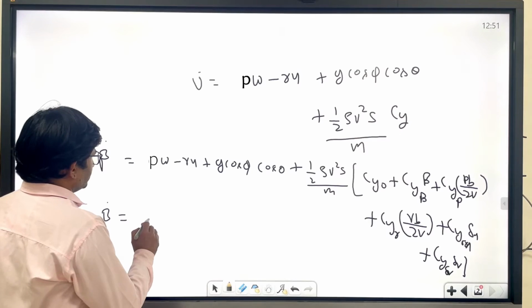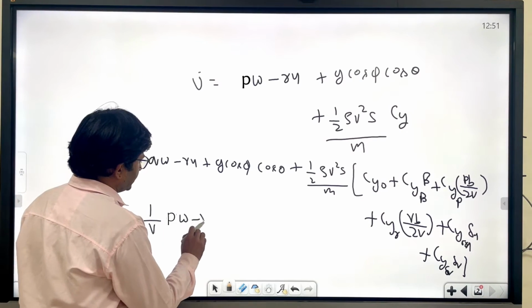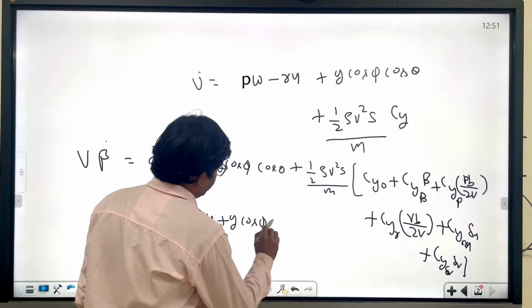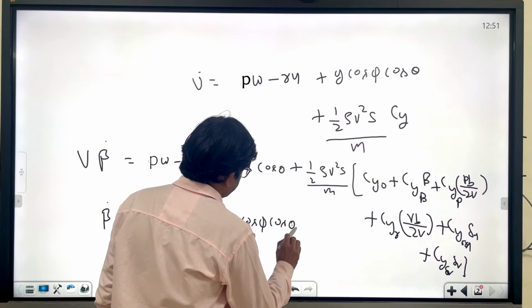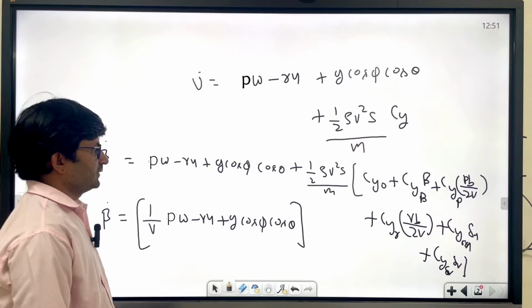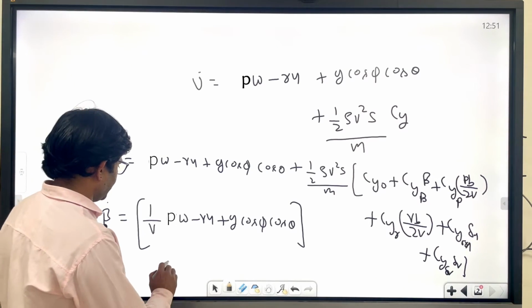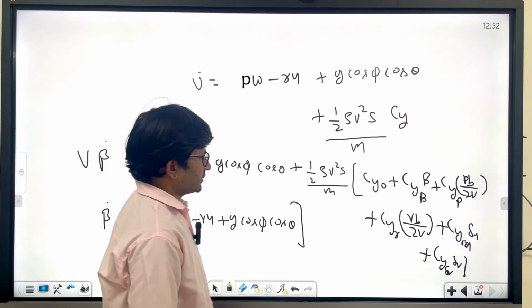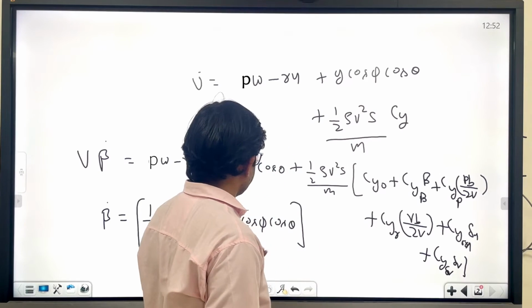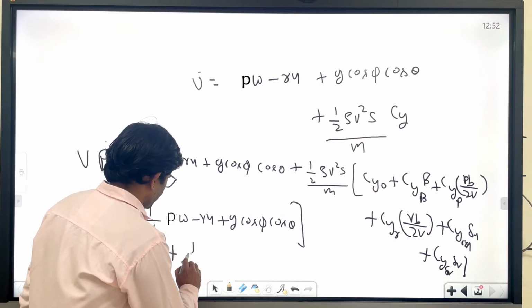So this you can write as 1 by V times W minus Ru plus G cos phi cos theta. Okay, and what other things can you write? See, whichever is the strong derivative, you keep on one side and arrange the rest of the terms in this bracket. So what can you write here?